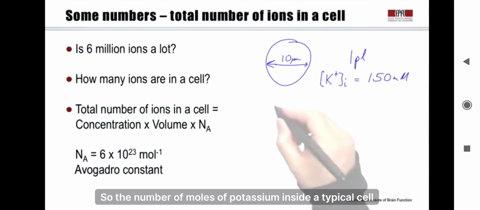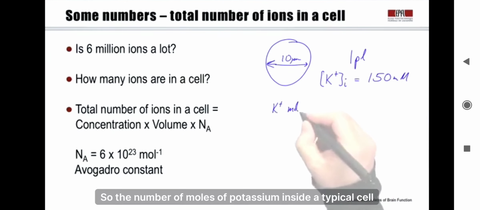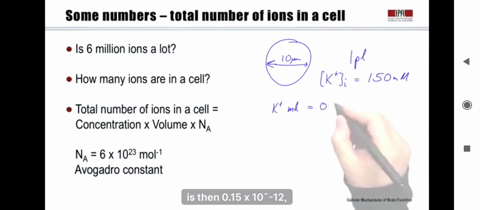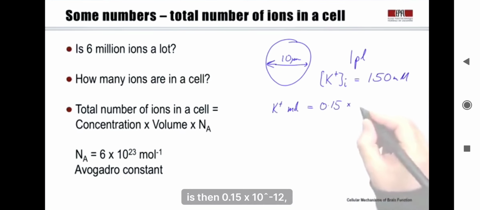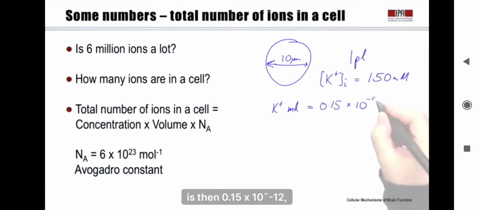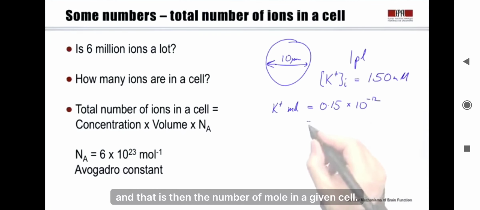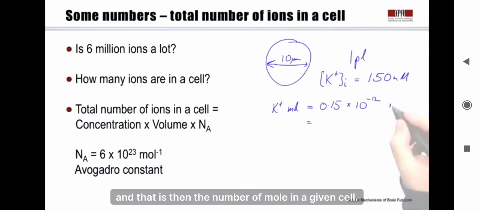So the number of moles of potassium inside a typical cell is then 0.15 times 10 to the power of minus 12, and that is then the number of mole in a given cell.